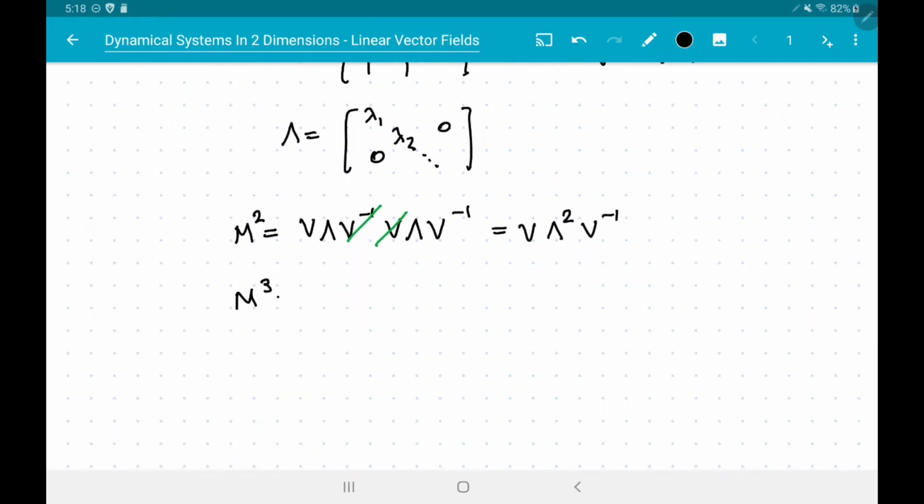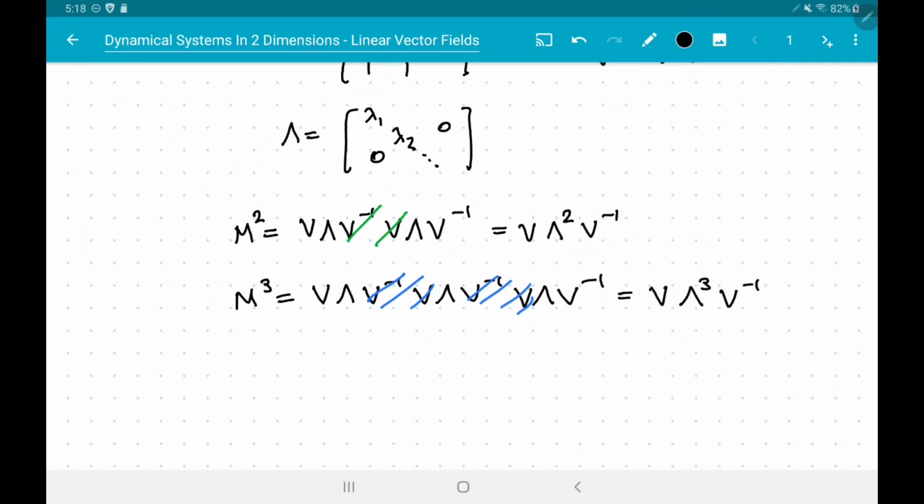Then you can continue, V lambda V inverse, V lambda V inverse, V lambda V inverse, to get M cubed. And now in between, a bunch of times V and V inverse are multiplied together and cancel out, and you're left with V lambda cubed V inverse. In general, the nth power of the matrix M is V times lambda to the n times V inverse.